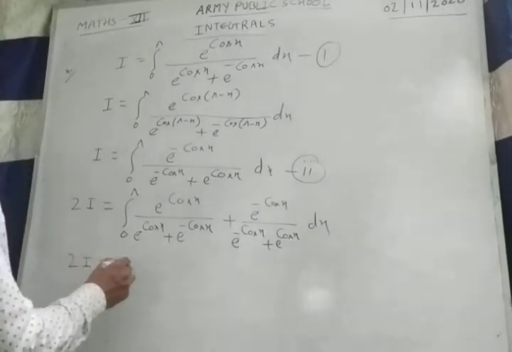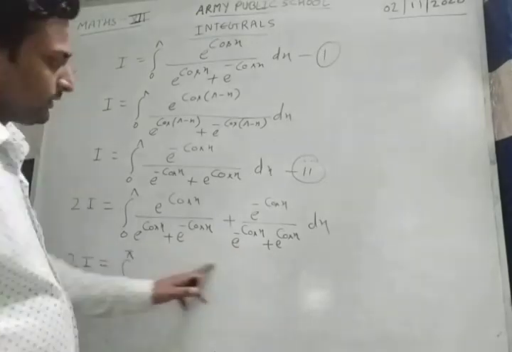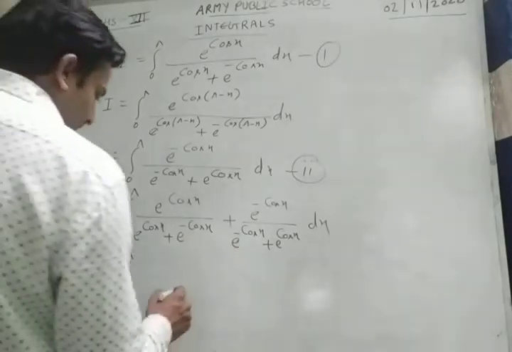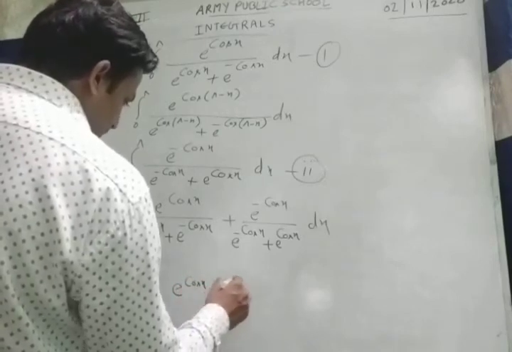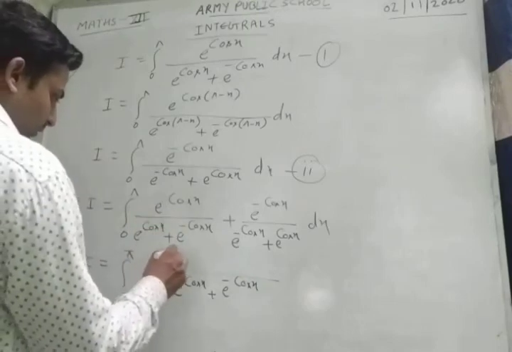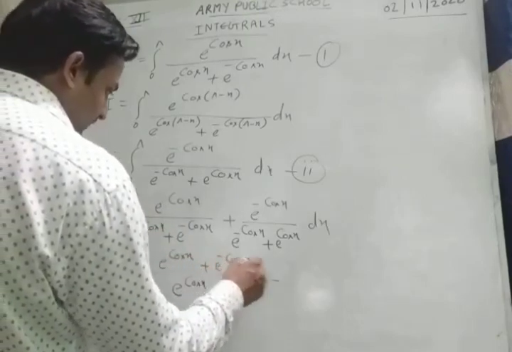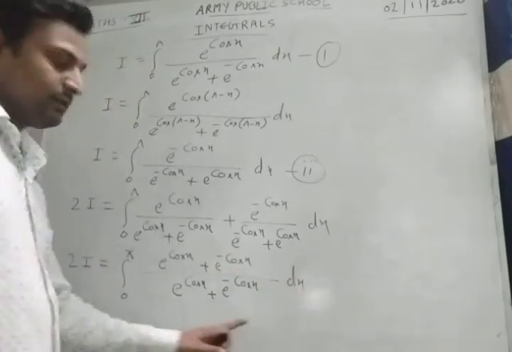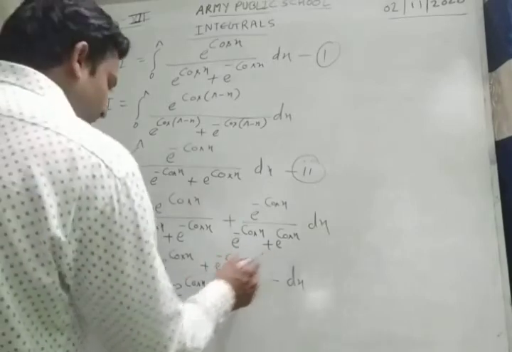So 2i is equal to 0 to pi. Now the denominator is same, so we take the LCM, e to the power cos x plus e to the power minus cos x. It will be cancelled, and this is dx.